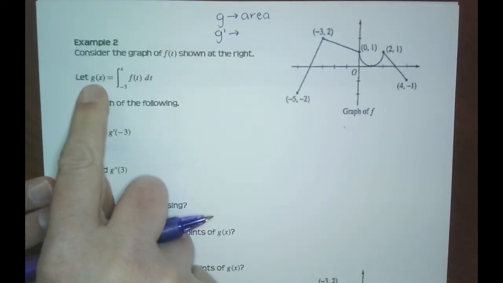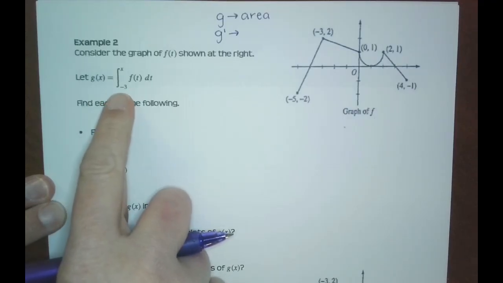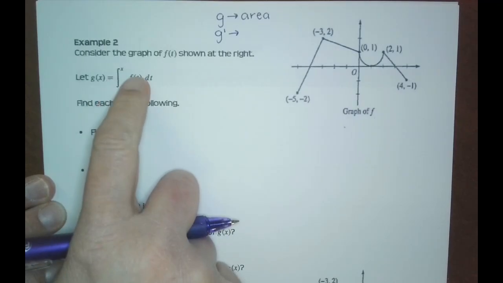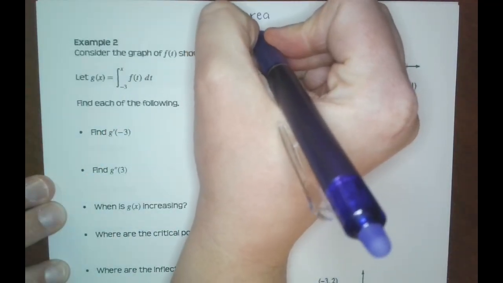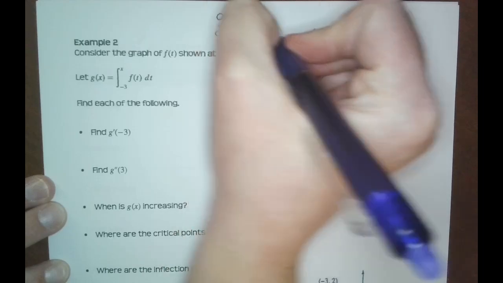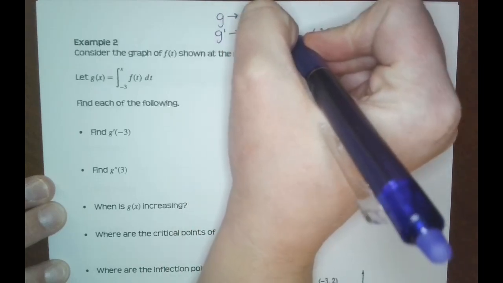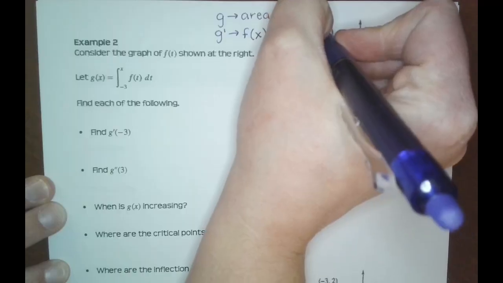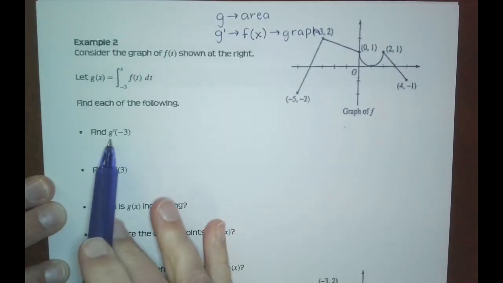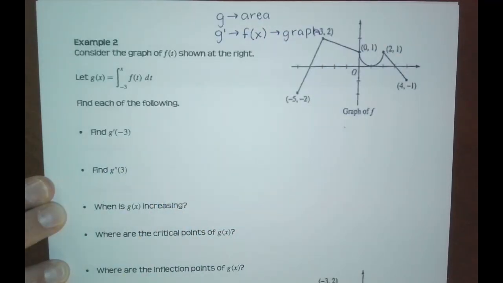So now let's talk about what G prime would do. If you took the derivative of this, think about what we just learned. The derivative of the integral would just bring you straight down to the f of x function, which is the graph itself. So when I ask you about G prime, you're reading values straight off the graph.